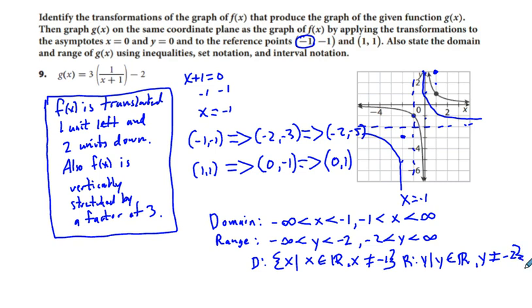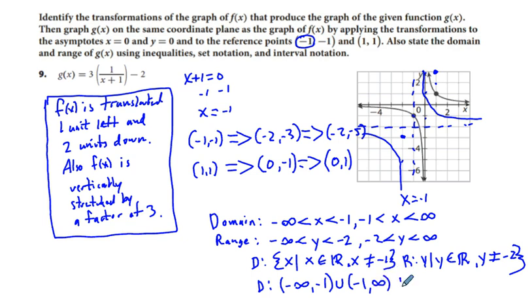And finally, interval notation, domain: greater than -infinity up to including -1. And we're going to put union here, greater than -1, less than infinity.